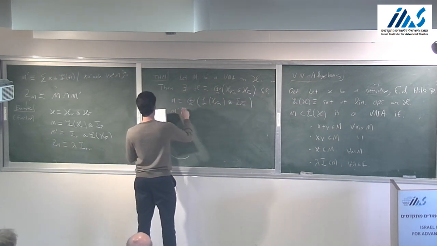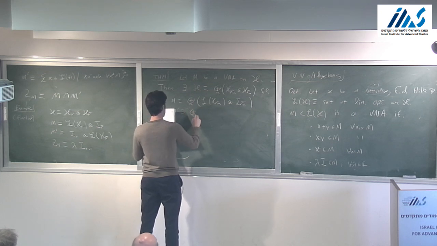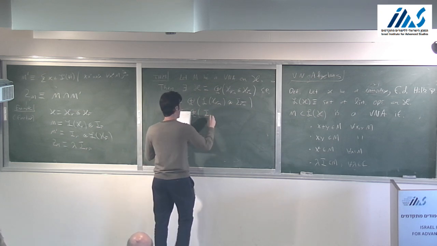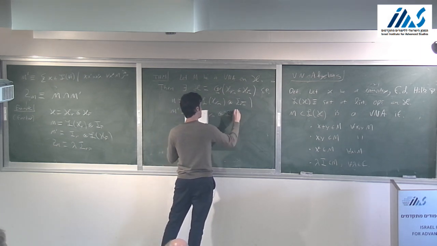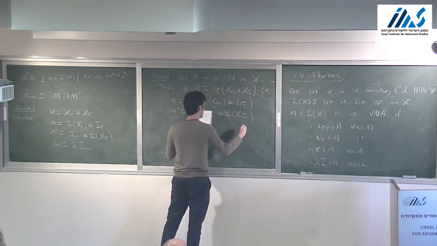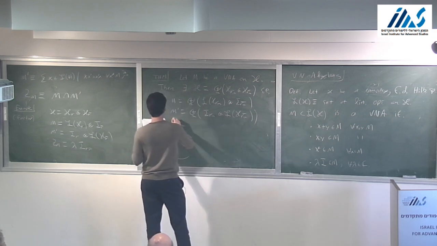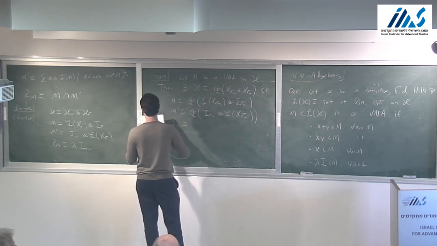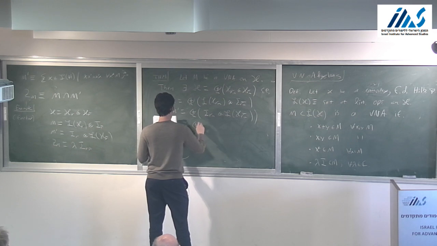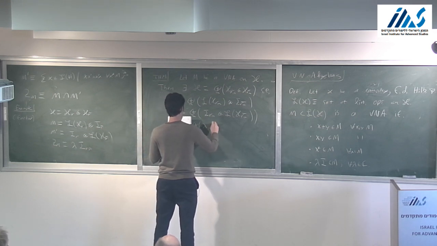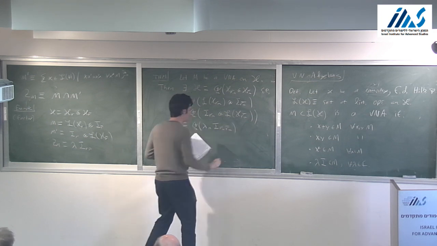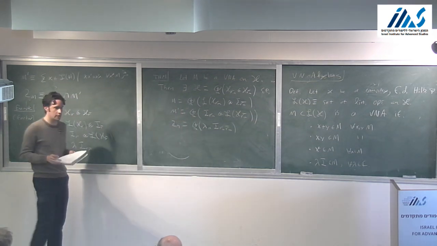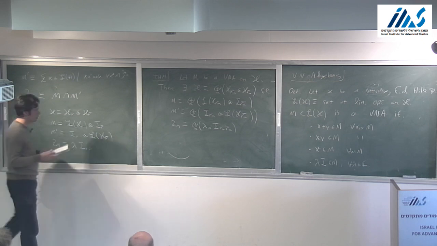M prime is the direct sum of the identity on the first factor within each block, tensor all the operators on the second factor. And the center is the direct sum of operators which within each block are proportional to the identity but might have different coefficients in the different blocks. And that's the sense in which it's non-trivial.